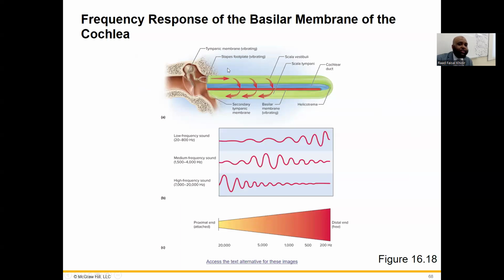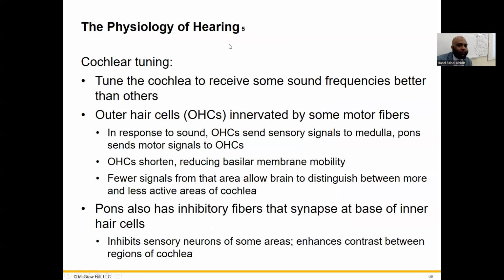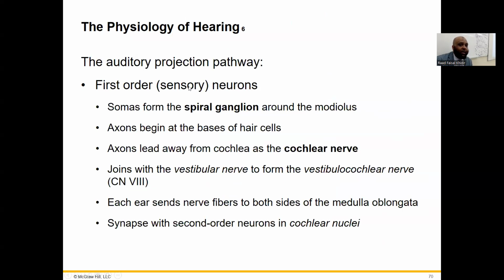So these vibrations are constantly being converted into depolarizations. Mechanical vibrations are converted into potassium influx signals and depolarizations. Then we said the outer hair cells are responsible for the fine-tuning of the sound that we have detected.